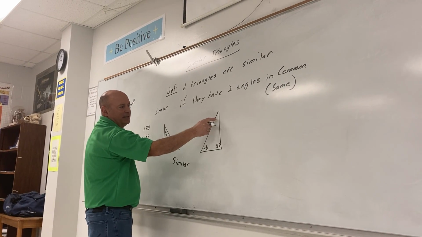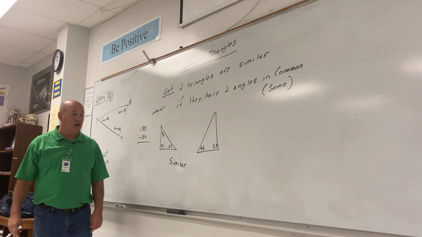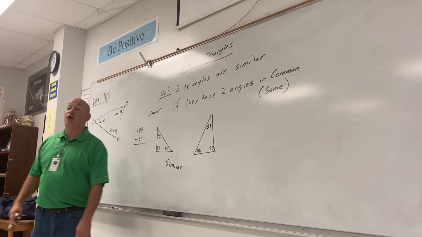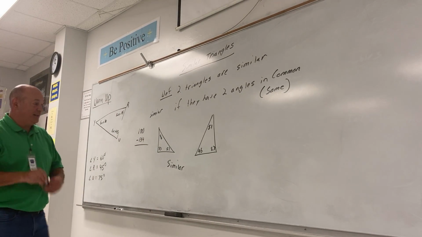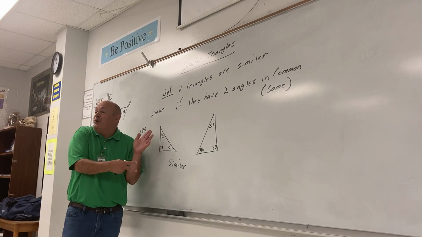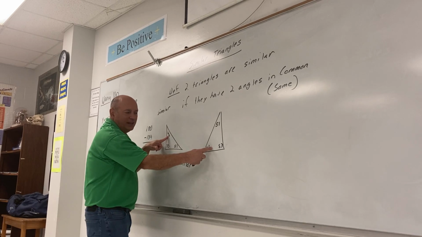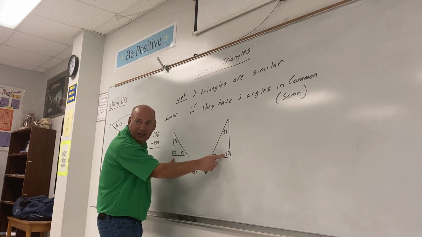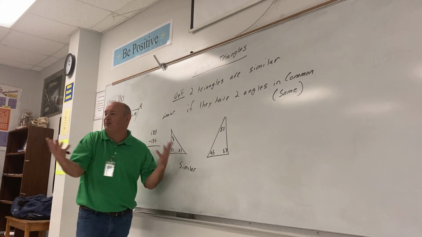What's this last angle right here? How much? 51. By the way, if they're similar, all three angles are the same. Are you with it? Yes. But you really only need two of them to say they are the same. If you can find two that are the same, 46, 46, 83, 83, then the third angle will have to be the same as well.